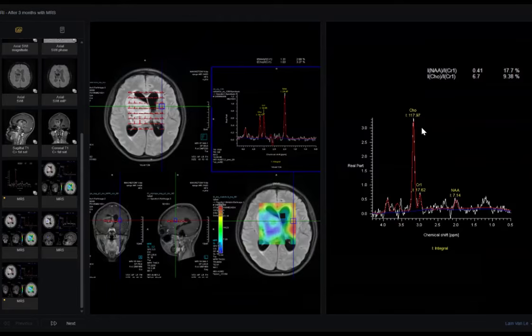Why? Because choline is a cell membrane phospholipid. When the number of cells increases in malignancy, with high turnover and destruction in an aggressive lesion, the choline is increased, but the normal neuronal marker NAA is decreased.